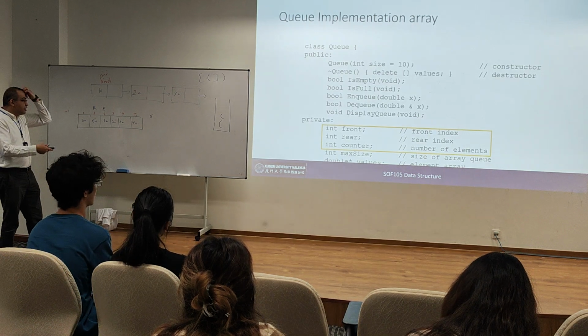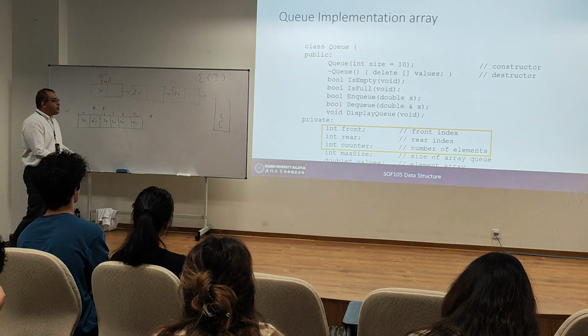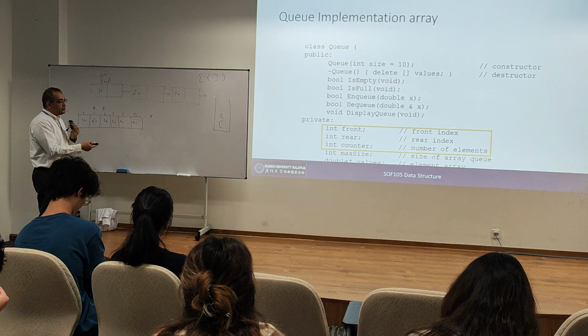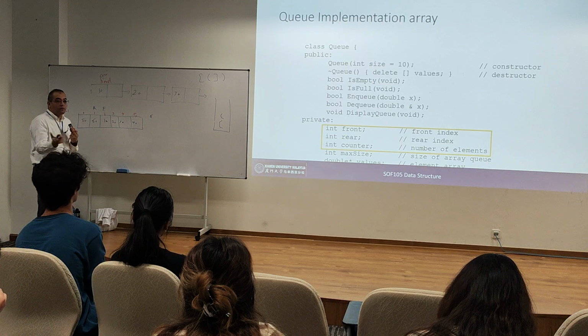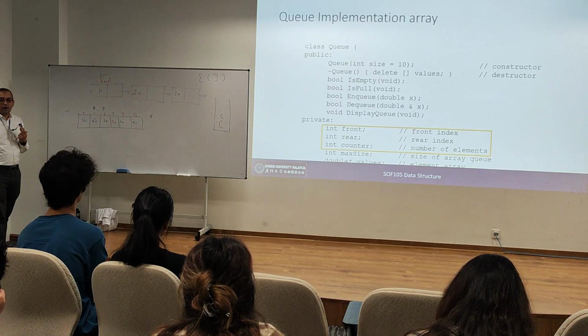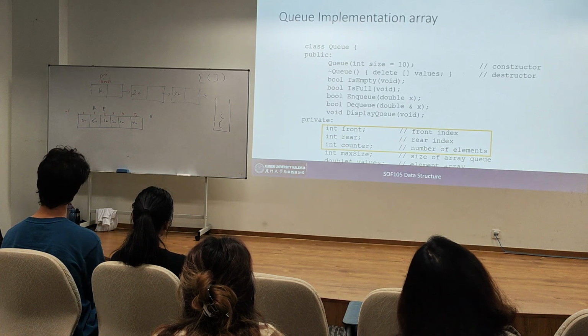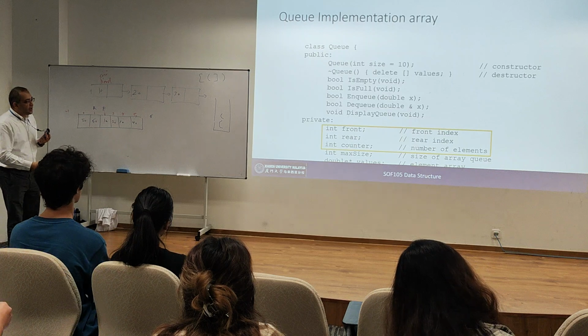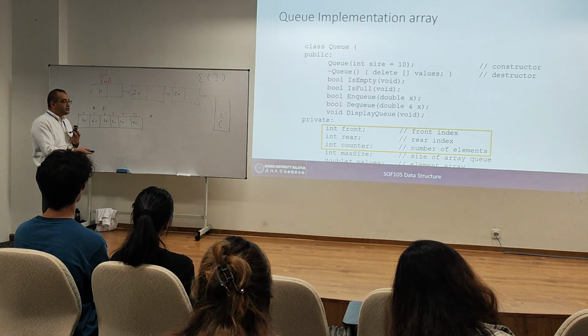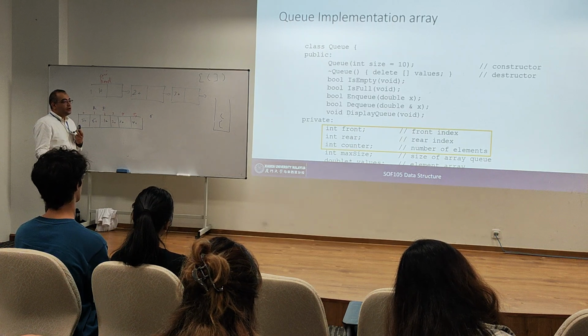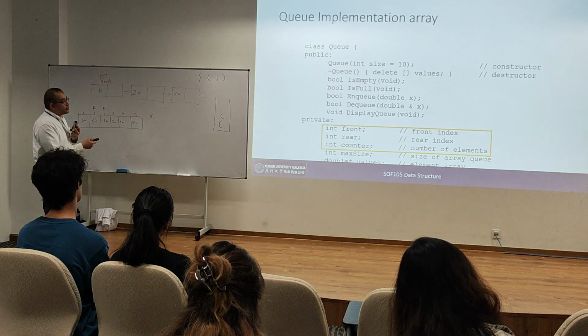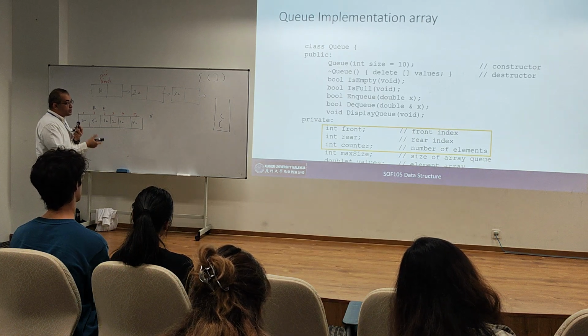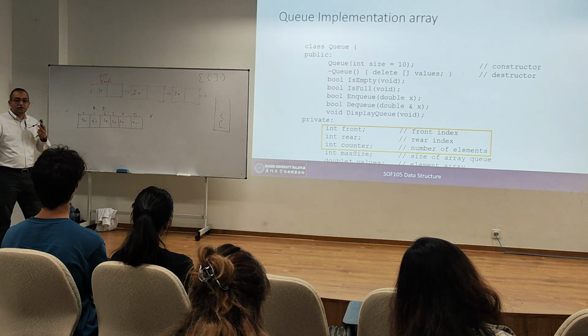Then display the queue. Later we talk about displaying the queue. Now the members: I have front, rear, and counter, right? Front is obviously for the front of the queue. Rear is the same, at the end of the queue. Counter is what? To count the number of elements. Now, of course, when I call the constructor, I need to initialize the counter, whether 0 or minus 1 is up to you.